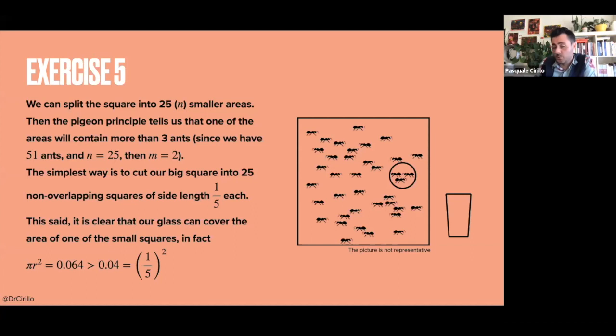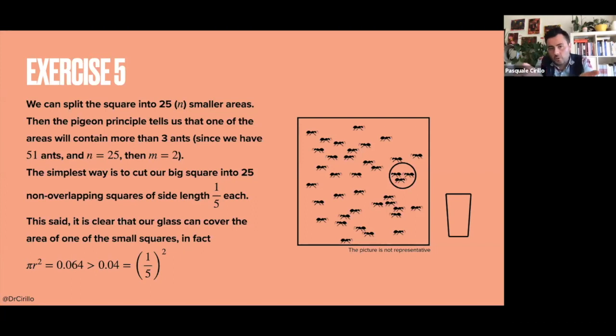Since m plus 1 is 3, m is equal to 2, and n times m plus 1 is equal to 51, so n needs to be 25. So I have to split my square into 25 areas. Then the pigeonhole principle tells me that in one of these areas, there will be 3 points.